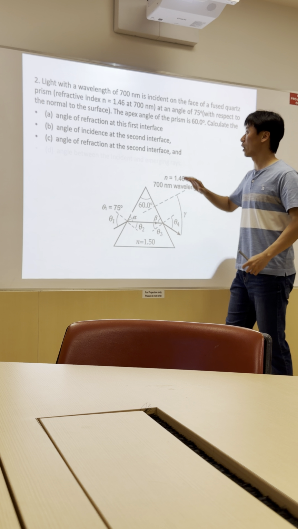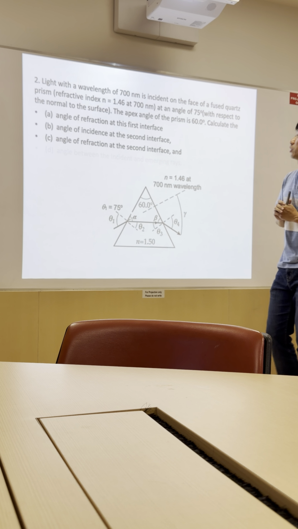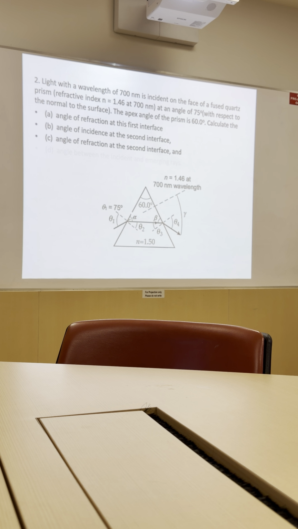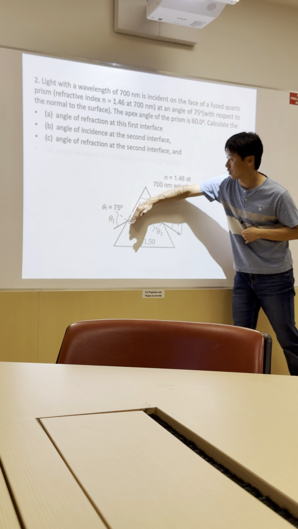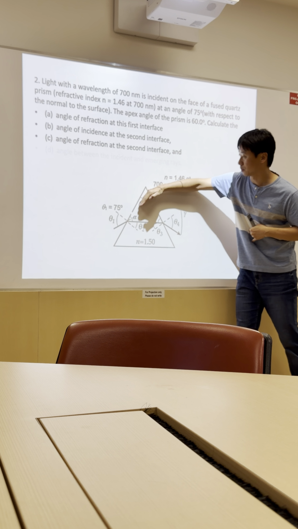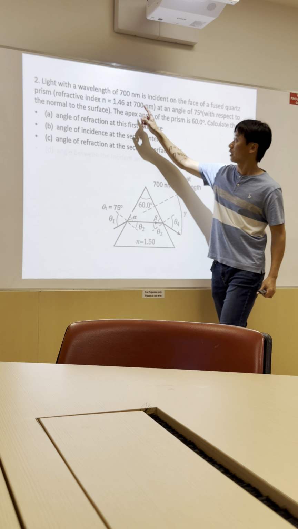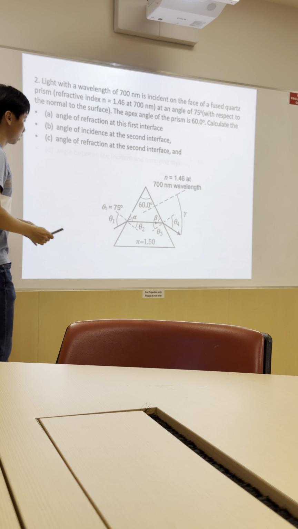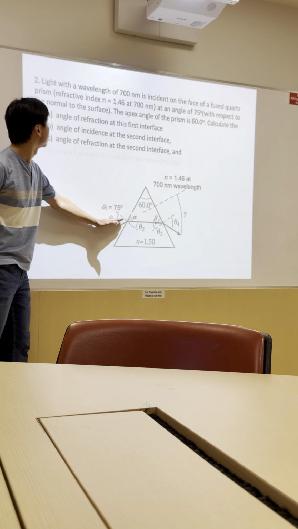light with a wavelength of 700 nanometer is incident on the face of the fused quartz prism, as you can see here. So we have a prism here, and this light of 700 nanometer is incident on this side.